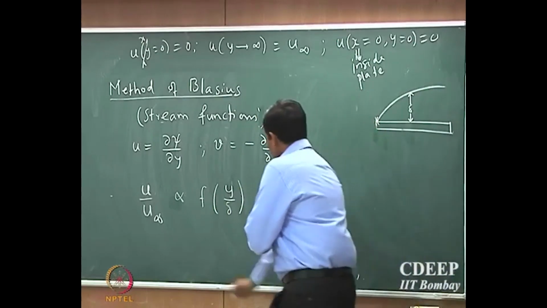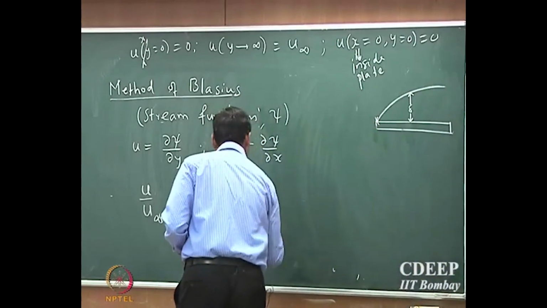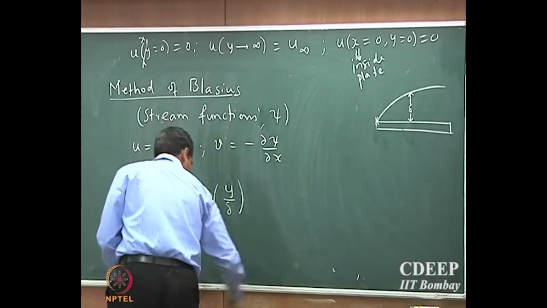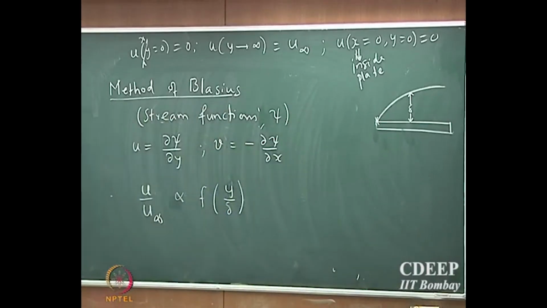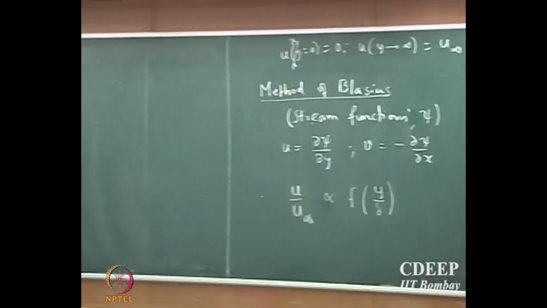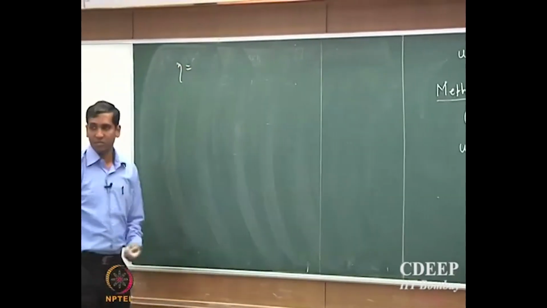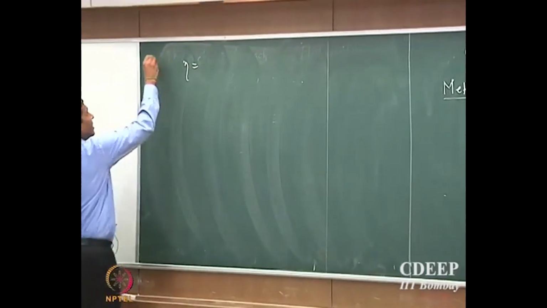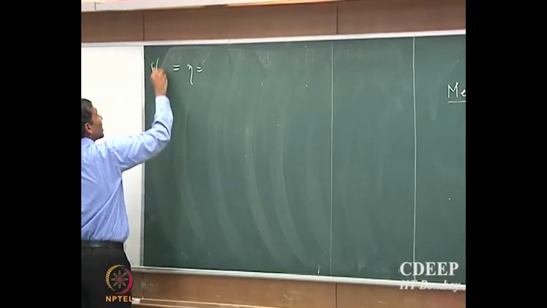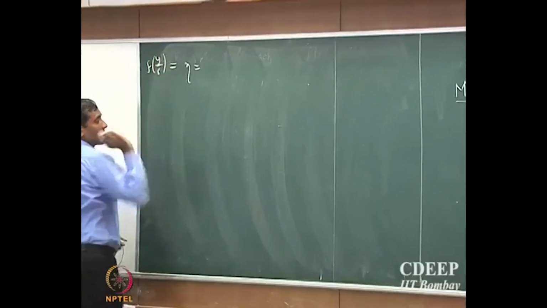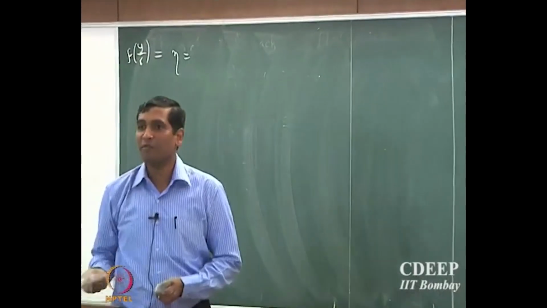Then he said, suppose we define a new function called eta, which essentially captures the effect of y by delta.